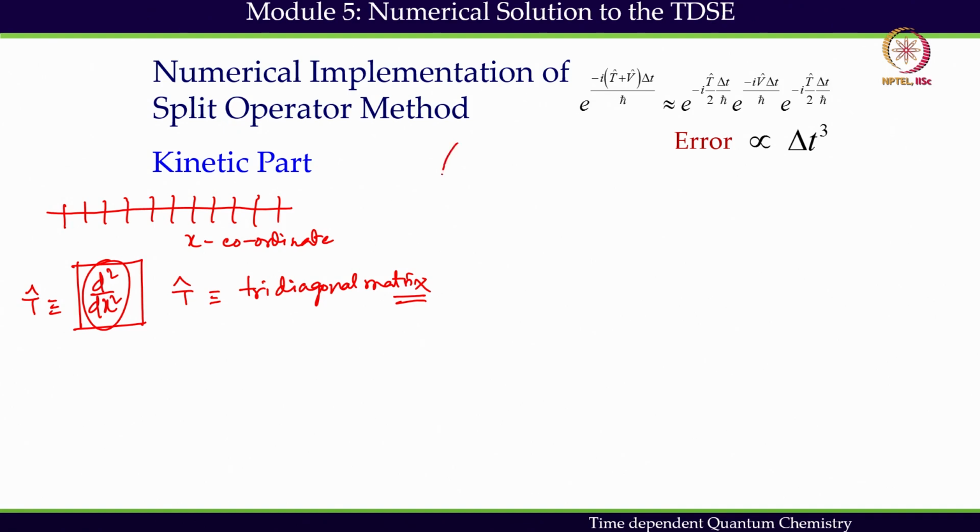And what does it mean by tri-diagonal matrix? This operator looks like I have a diagonal value, I have an upper diagonal and a lower diagonal. All these values are present, the remaining parts are 0. That's why it is called tri-diagonal. So this has adopted a tri-diagonal matrix form under position space grid representation.